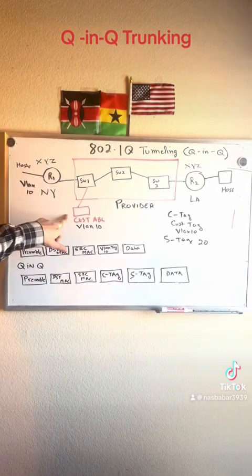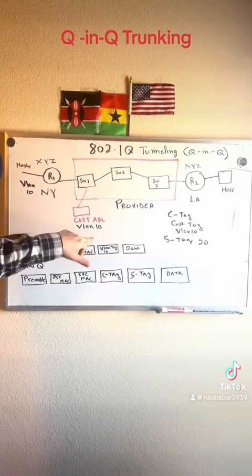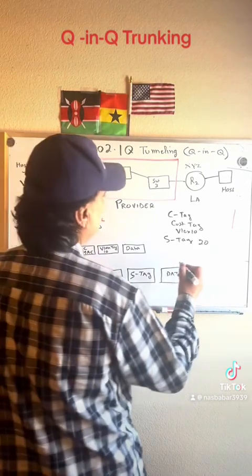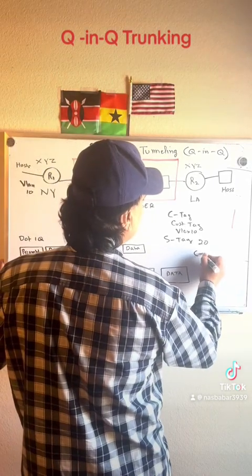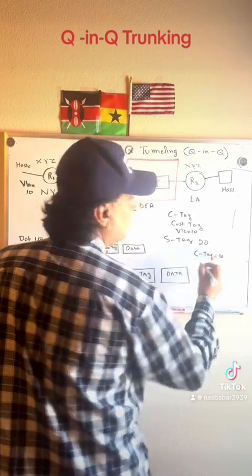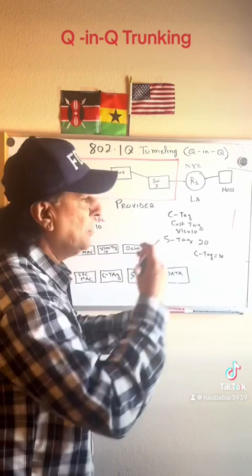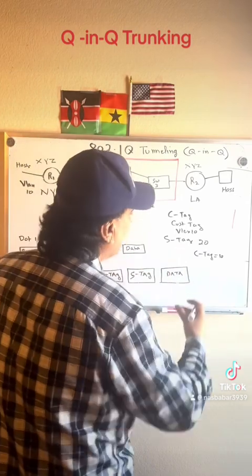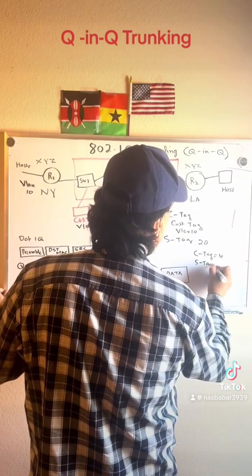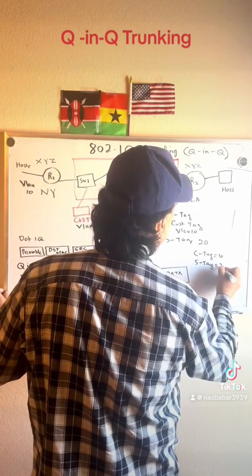Now this customer ABC also comes in using the same VLAN. The customer VLAN tag will still be 10, but they will encapsulate with their own S tag, and that S tag might be 30.